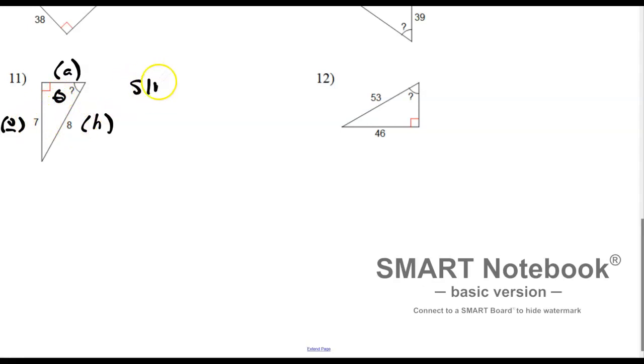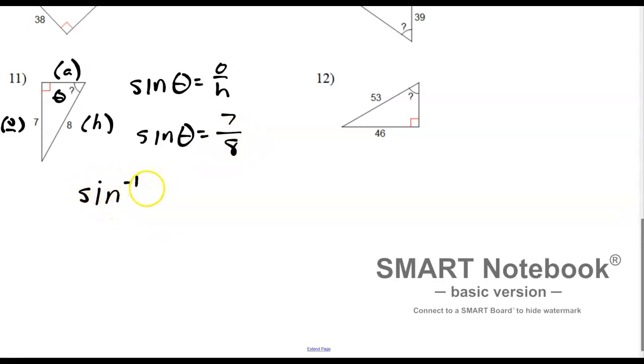That's my sine. Right, it's opposite over hypotenuse. And now I just plug in: sine theta, opposite is 7 over 8. Okay. Next thing I'm going to do here, again, you guys can try and beat me here.